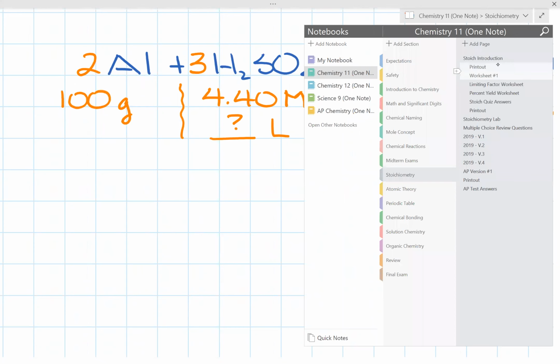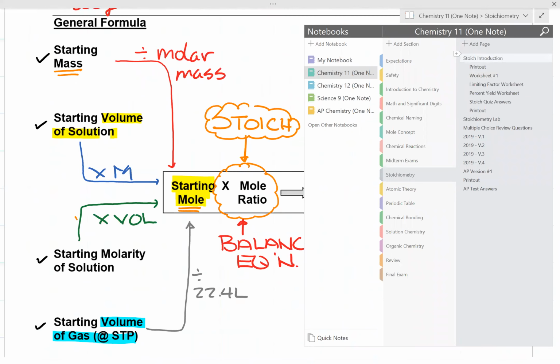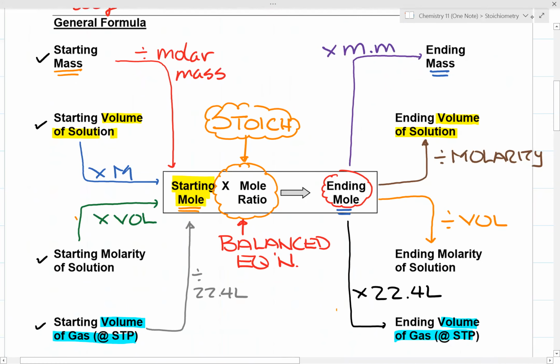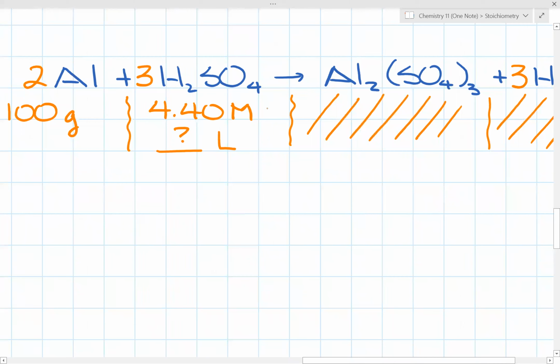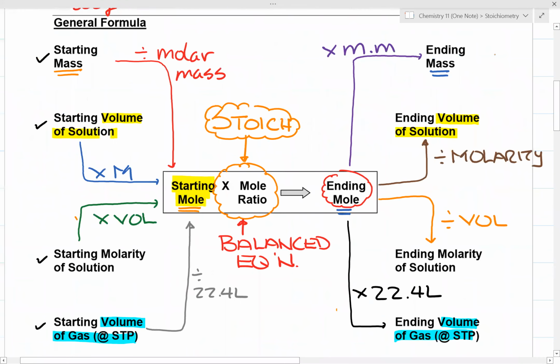Well, if we go back here, if we look at the H2SO4, notice they give me molarity. So if I take a look back at this little table, if I had starting molarity, to get to the moles, I would need volume.